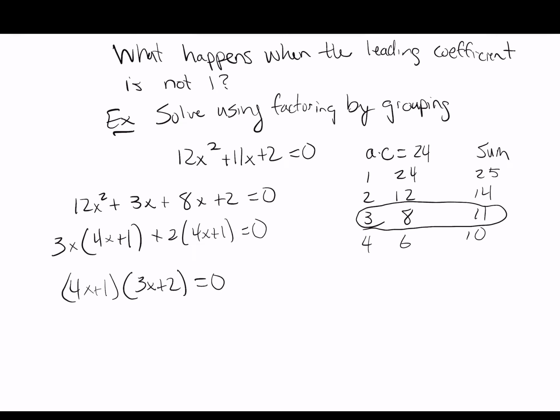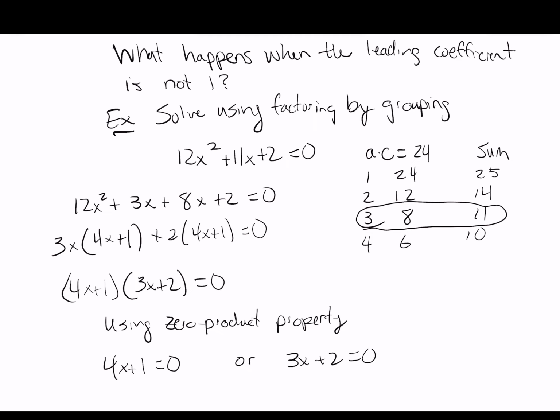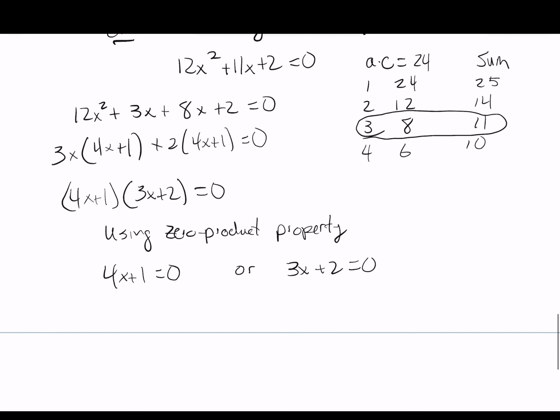Now we can solve that same thing as we did when the leading coefficient is 1, in that we can use the zero product property. We set 4x plus 1 equal to 0, or 3x plus 2 equal to 0.